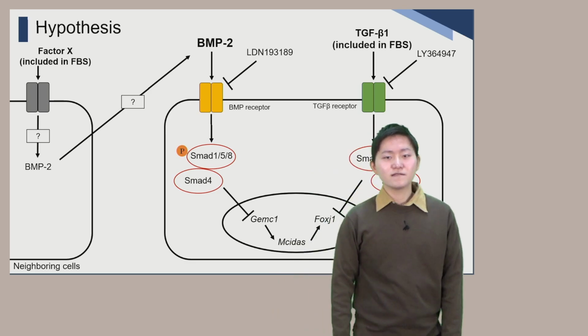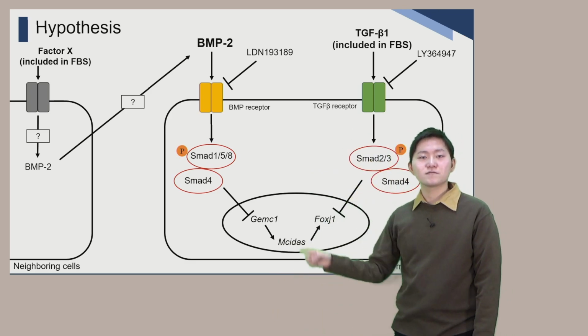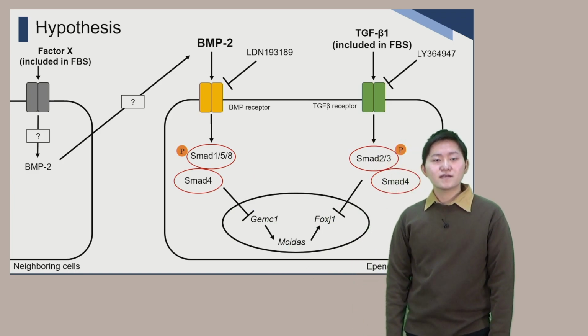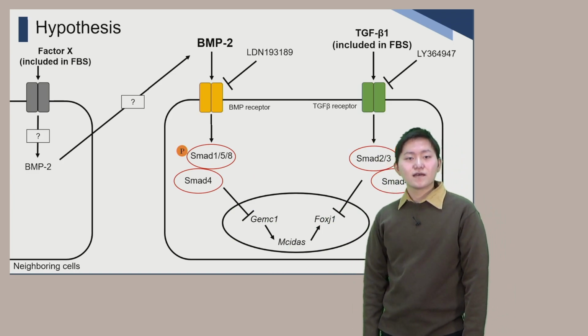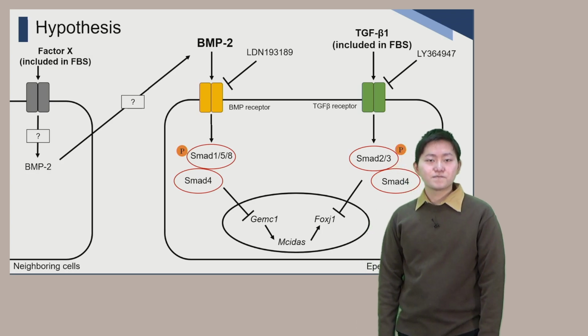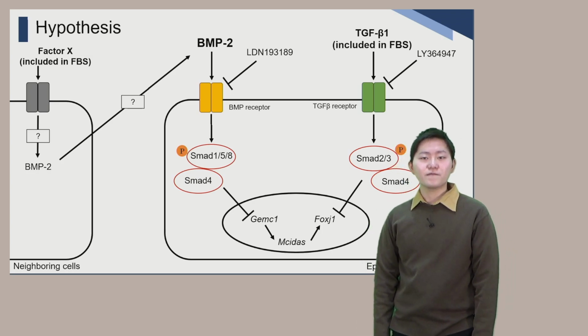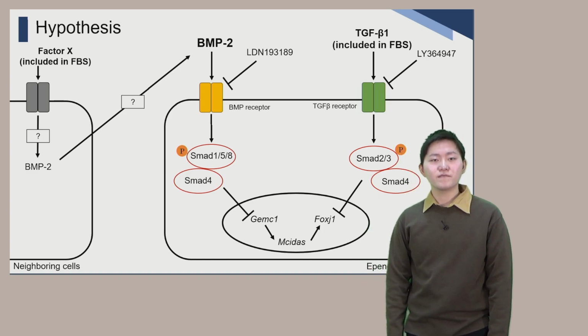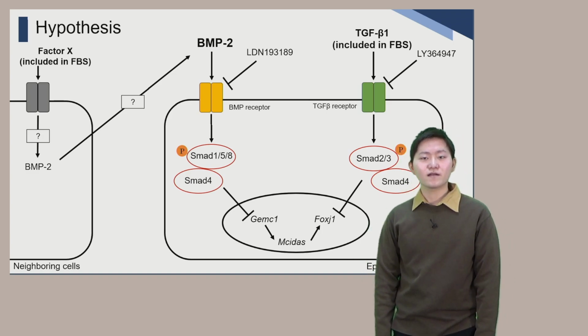As a result, it inhibits the differentiation into mature ependymal MCCs like this. From this hypothesis, it is indicated that the inhibitory effect of FBS can be recovered by TGF-β1 and BMP2 inhibitors in combination.